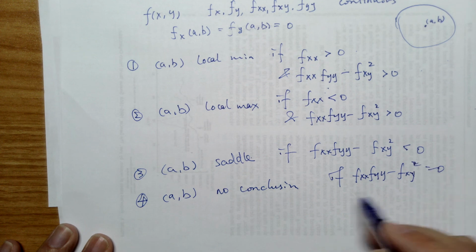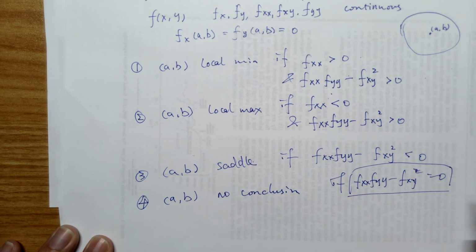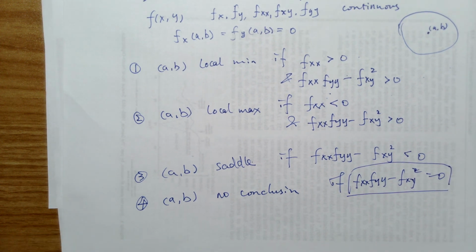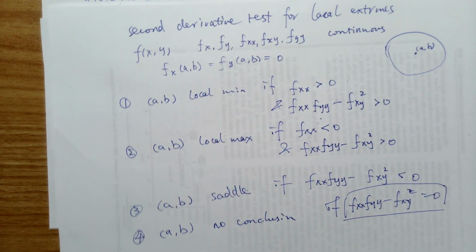In other words, if this situation happens, we don't know whether this point is a local max, local min, or saddle. So the second derivative test fails, and we need to go back and search for other tests. So that is pretty much the second derivative test.